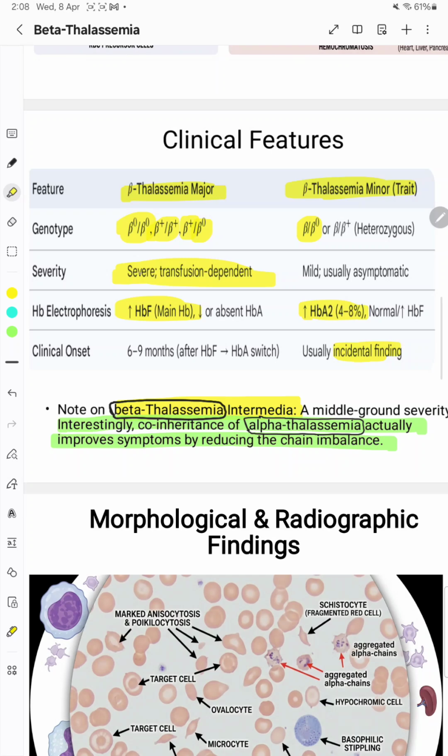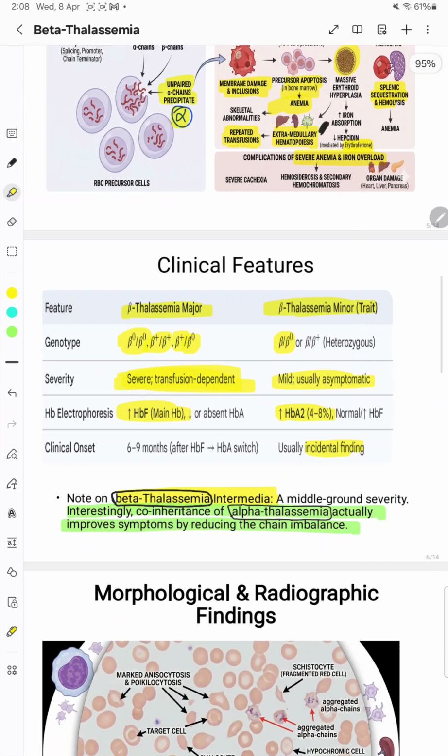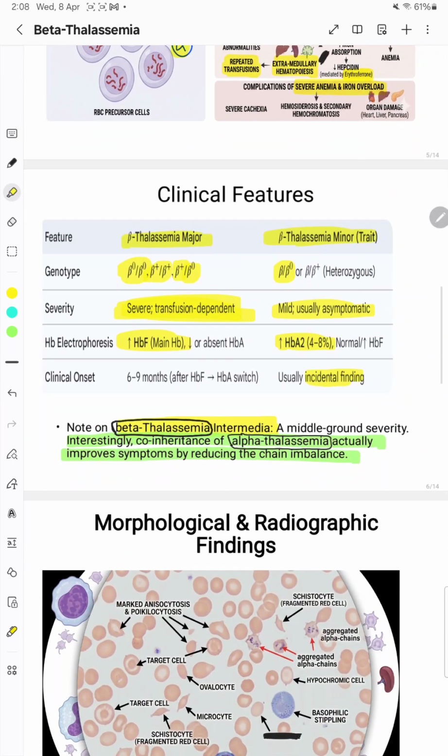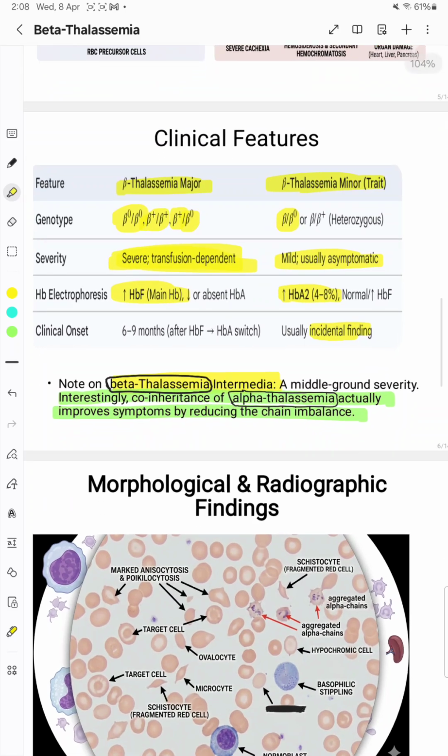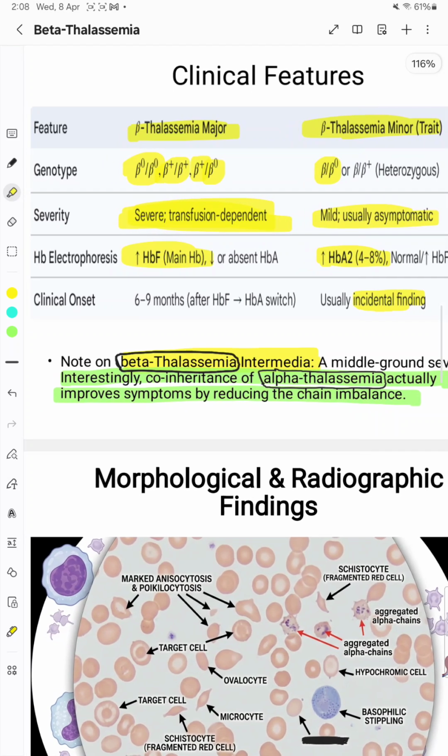Beta thalassemia major is a severe transfusion dependent condition, and in beta thalassemia minor, mostly patients are asymptomatic, and this is an incidental finding most of the time. On HB electrophoresis or HPLC, there is increased HbF level in beta thalassemia major, mostly more than 90%.